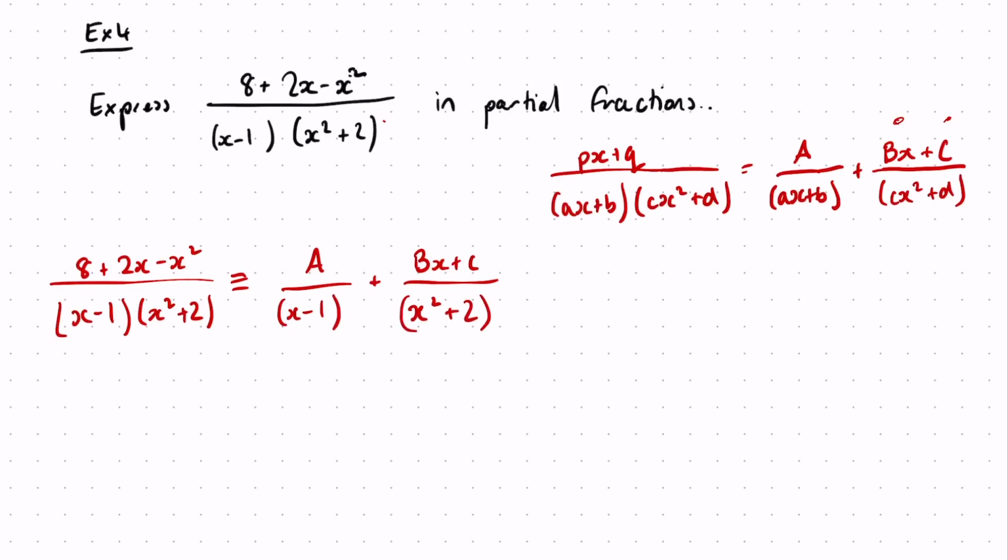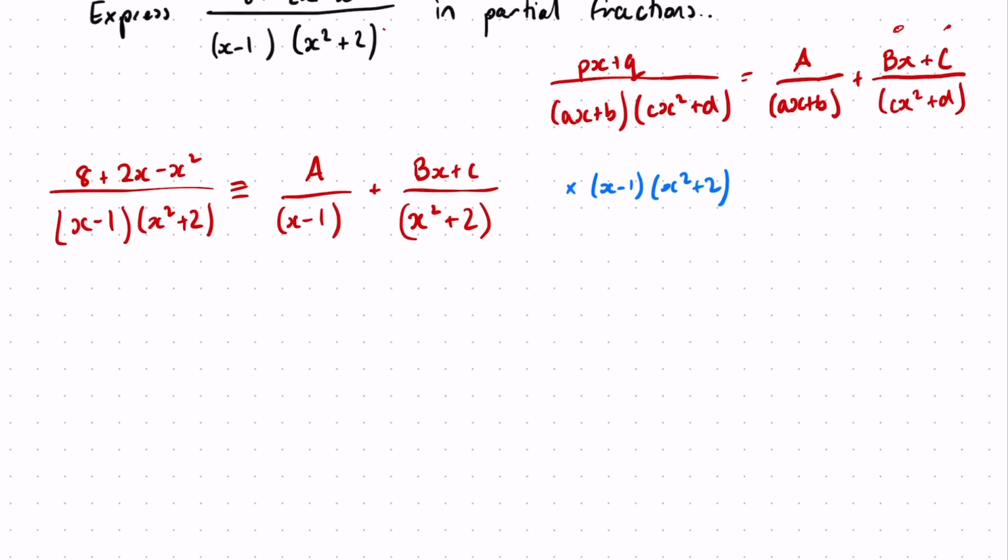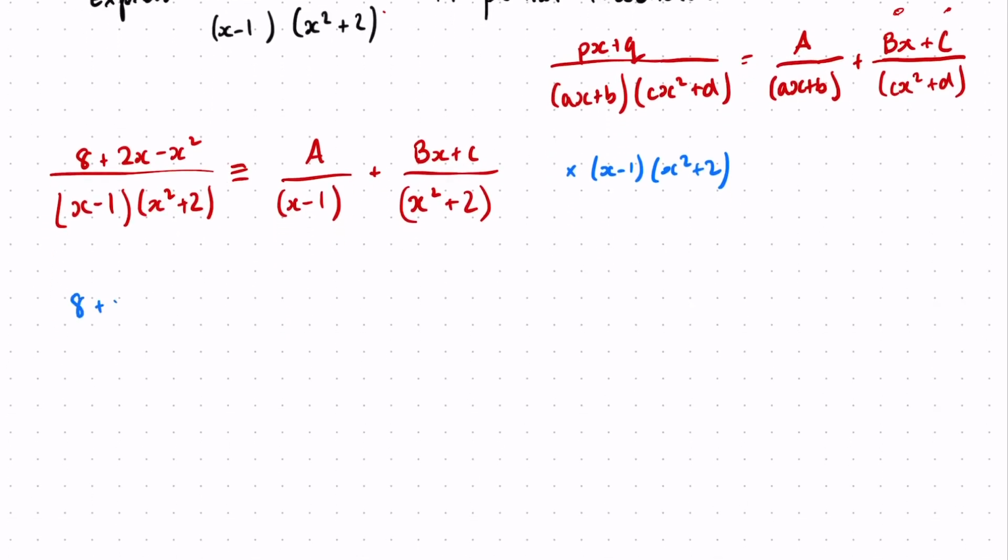Okay? Once we have it written as this, we apply the same things that we've been doing this entire time. So we're going to multiply through by x minus 1, x squared plus 2, giving us 8 plus 2x minus x squared is equivalent to a x squared plus 2 plus bx plus c times x minus 1.